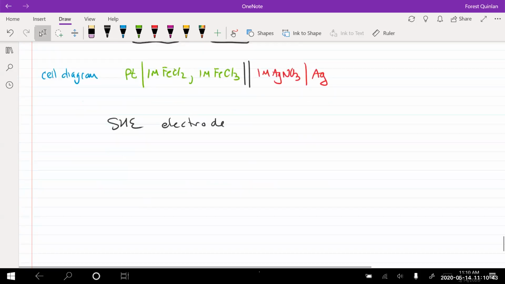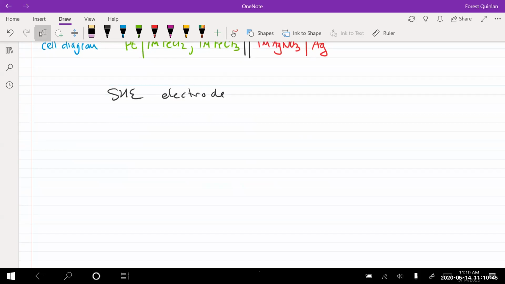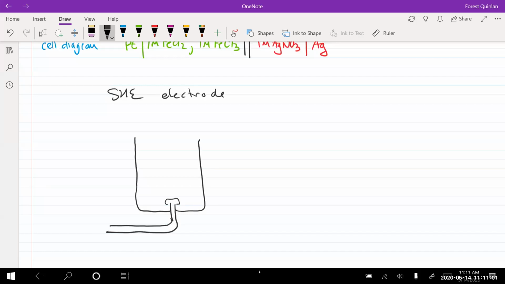All right, so we had this one. So let's see, the standard hydrogen electrode. Let's see if I can remember how I did this one. I went ahead and made a little bubbler. I made my salt bridge to my other cup.